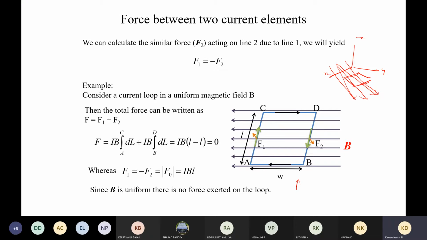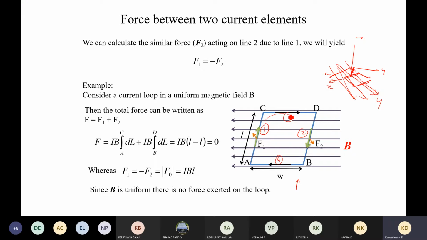Therefore, the force will be exerted perpendicular to both the vectors. Since the field is traveling in the y direction and the current is in the x direction, the force will be in the upward direction, let's say for segment 1. This is segment 1, this is segment 2, 3 and 4, like that we can assume. Segment 1, where the current is traveling in one particular direction, gives the upward direction.